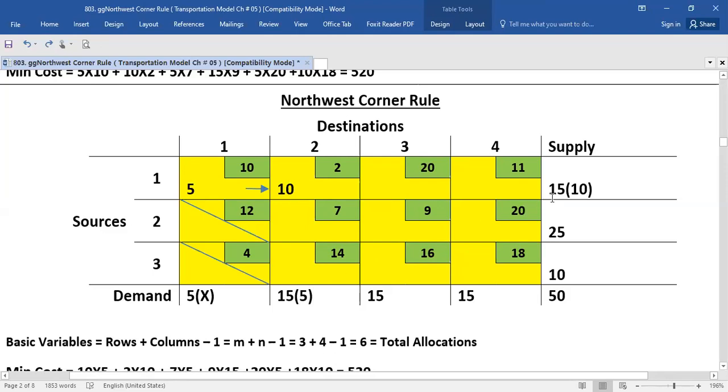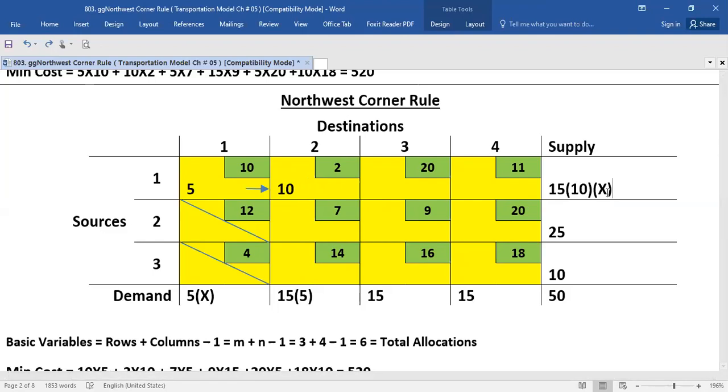On the other side, your supply was 10, which was distributed to this cell, and there remains nothing. If you subtract this 10 from this 10, then there remains nothing. So you will put the cross sign in the bracket in front of this 10. It indicates that the supply is complete.